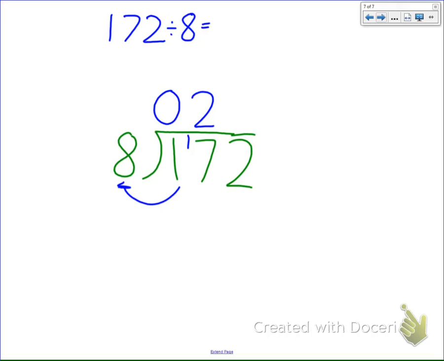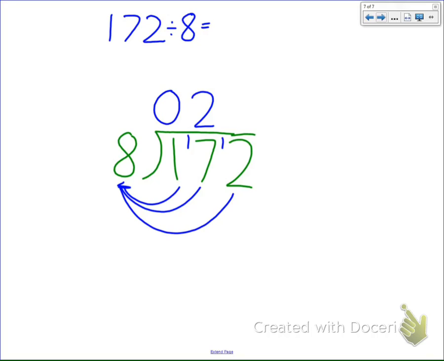8 2's are 16. Tayshan, how many remainder? 8 times 2 is 16, but we need to get to 17. The remainder is 1. So 8 goes into 17 twice. How many times does 8 go into 12?